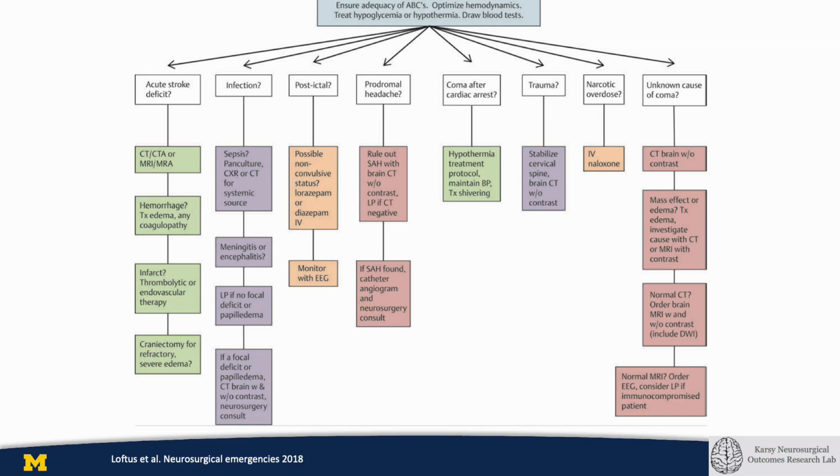Traumatic injury would involve stabilization of the patient and imaging workup. Narcotic overdose would involve reversal, and unknown causes can start with the CT of the head to look for mass effect or edema, followed by MRI scan to help with identification of any subtle lesions not seen on a CT scan, and then consideration of EEG to look for a subclinical seizure event.